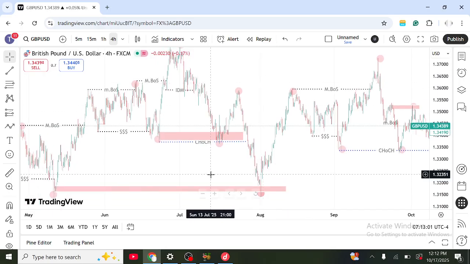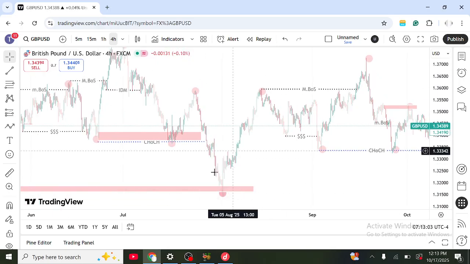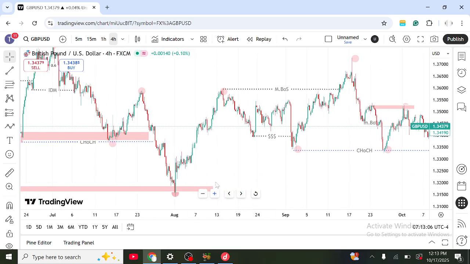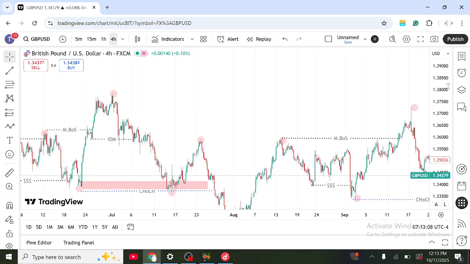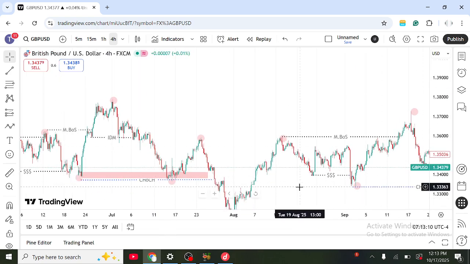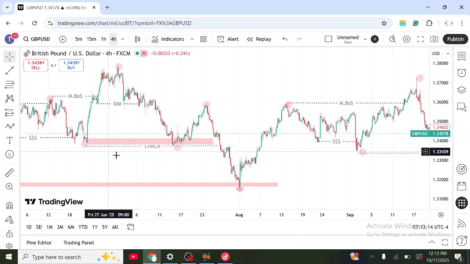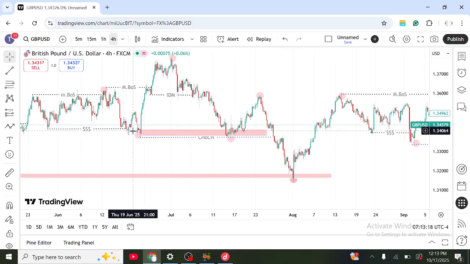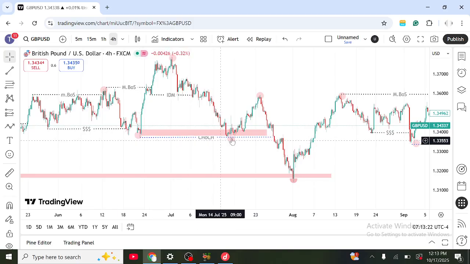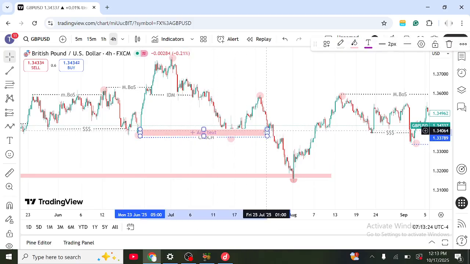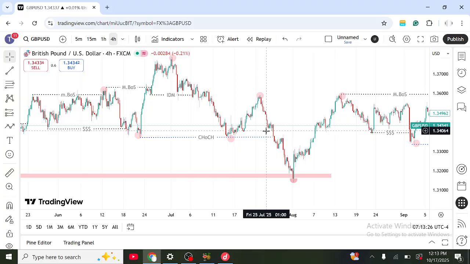So now let me show you something here. Okay, let's look at this point. We see that this is a swing low, right? I have also explained change of character, how to get a confirmed change of character.